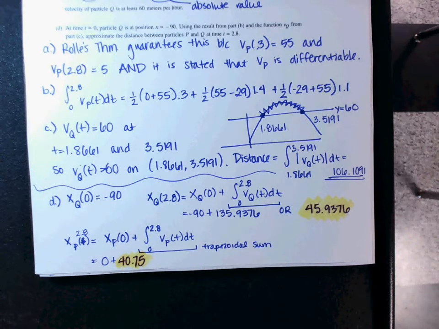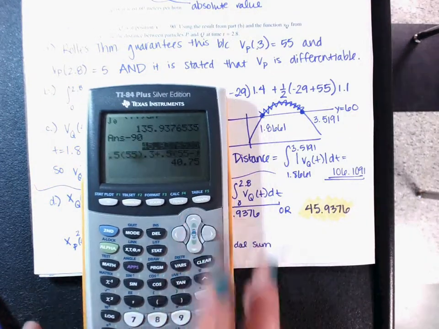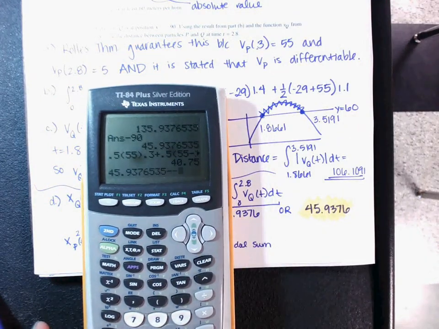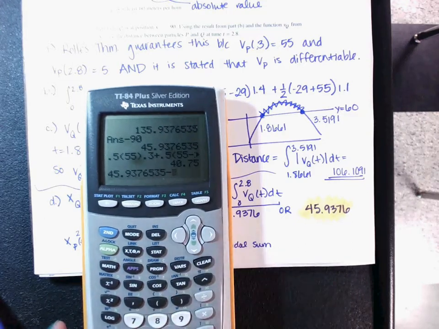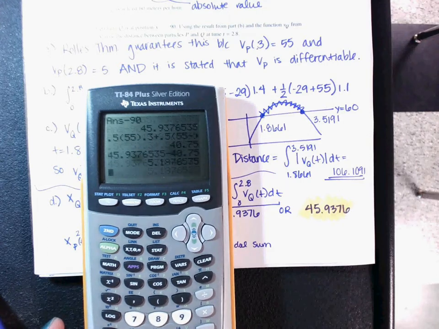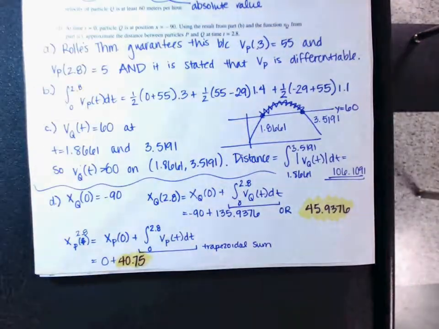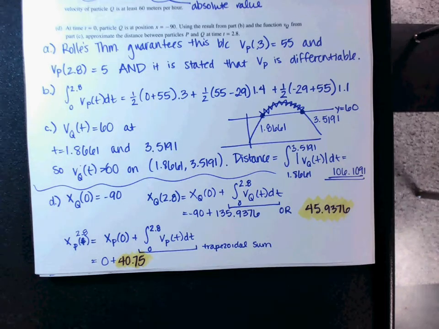All I have to do is subtract. So in my calculator, I'm going to take the position of particle 1, I'm going to minus the position of particle 2, which was 40.75. And if I subtract those, I'm going to know how far apart they were. So they were about 5.1876 units apart. Okay. So I'm going to go ahead and squeeze this in this bottom little corner right here.